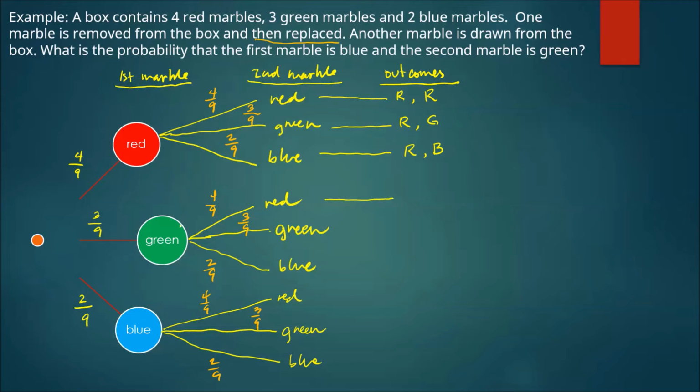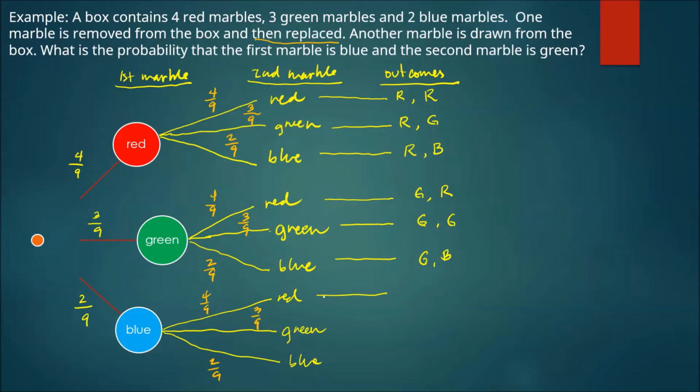The fourth possible outcome is our first marble is green and the second marble is red. The fifth possible outcome is our first marble is green and the second marble is green. And the sixth possible outcome is our first marble is green and the second marble is blue.